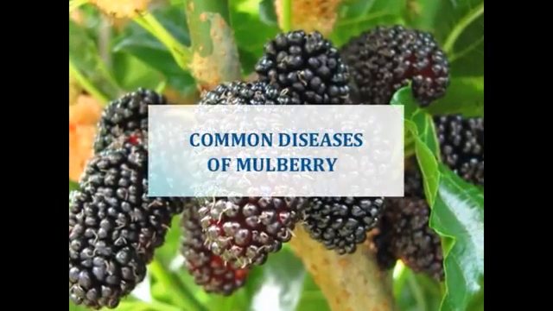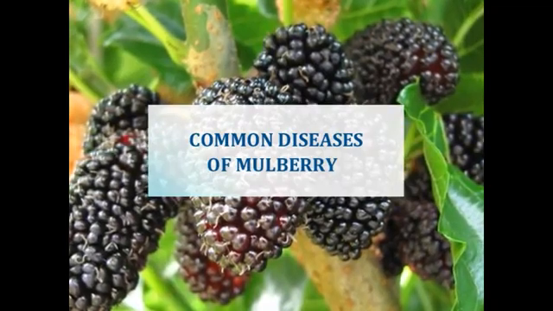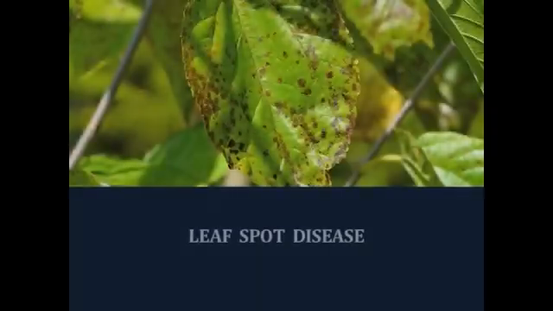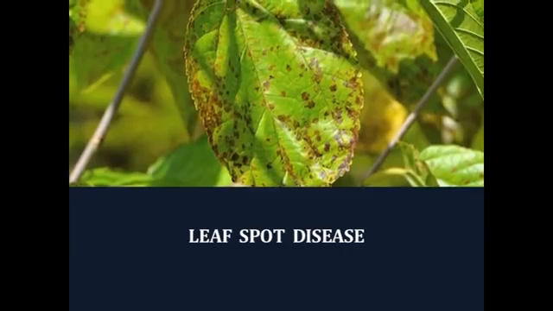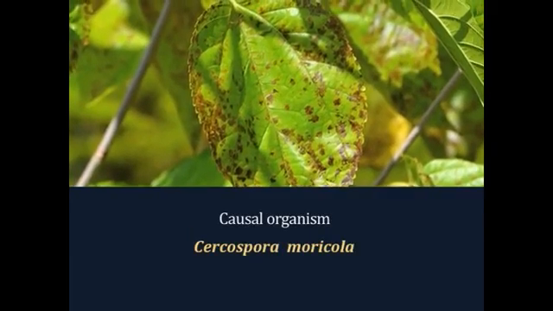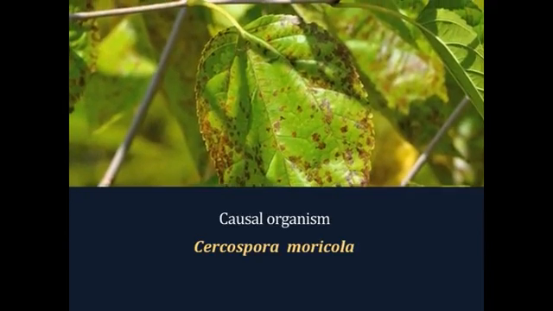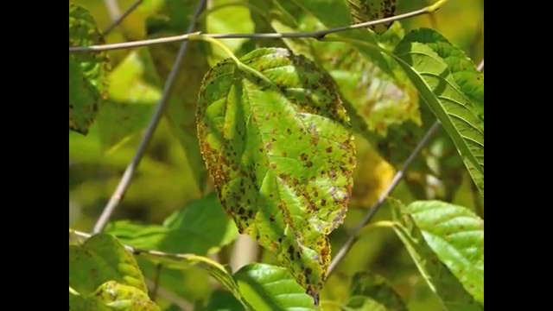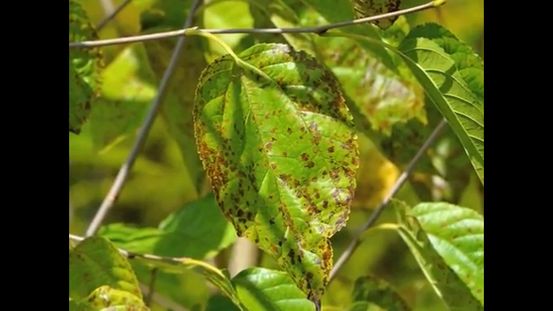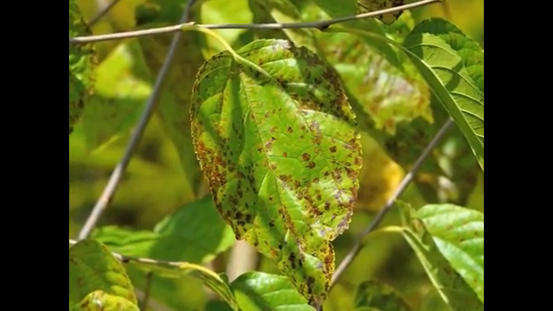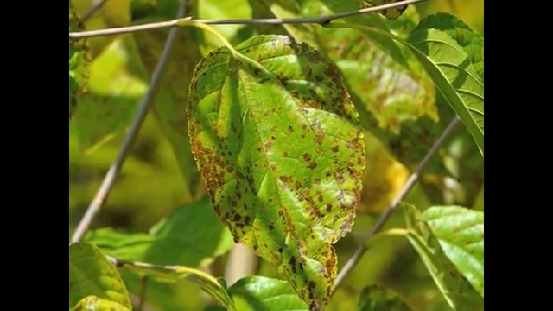Next are the common diseases of mulberry. First is leaf spot disease. The causal organism is Cercospora moricola. The symptoms of the disease are the appearance of small brownish irregular spots on the leaves in the initial stages. As the disease becomes severe, the spots enlarge, coalesce, and shot holes are formed.